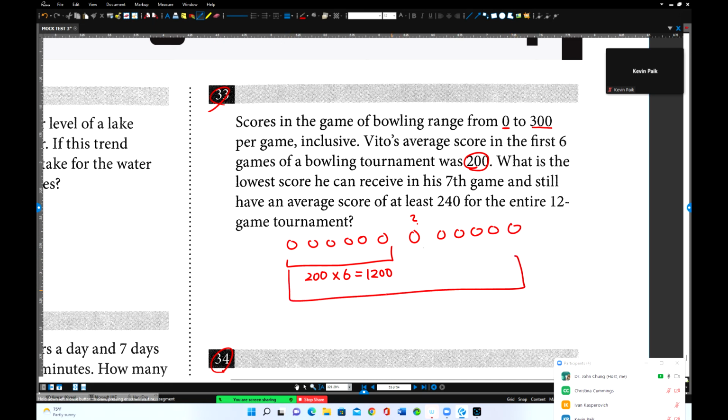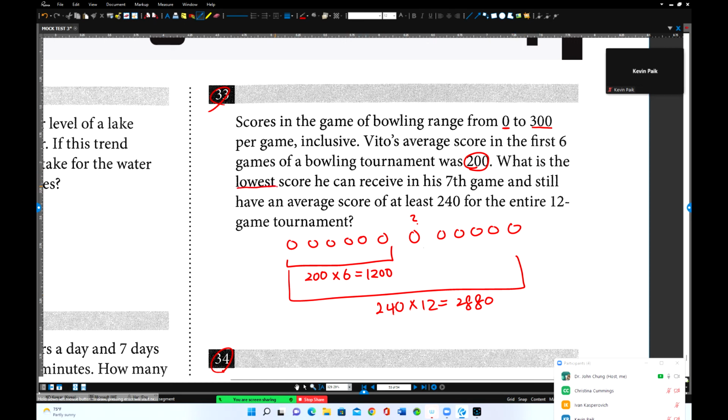Entire average is 240. Total score is how much? 240 times 12. Okay, I'm going to calculate. 240 times 12 equals how much? 2880 points.